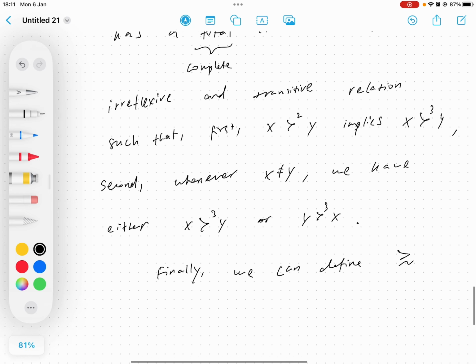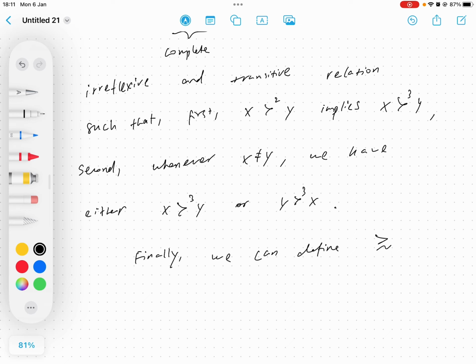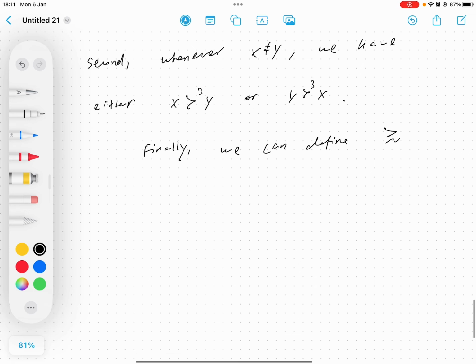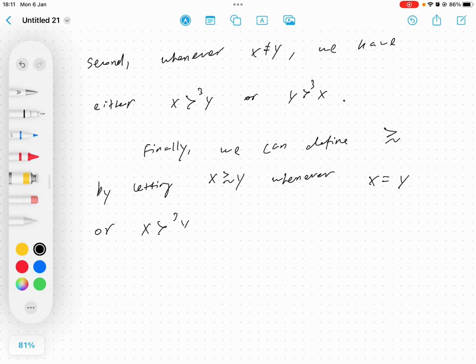We need to exhaust all the possibilities above, so we can define this preference relation by letting x be weakly preferred to y whenever x and y are the same, or indifferent, or x is better than y using the third relation.